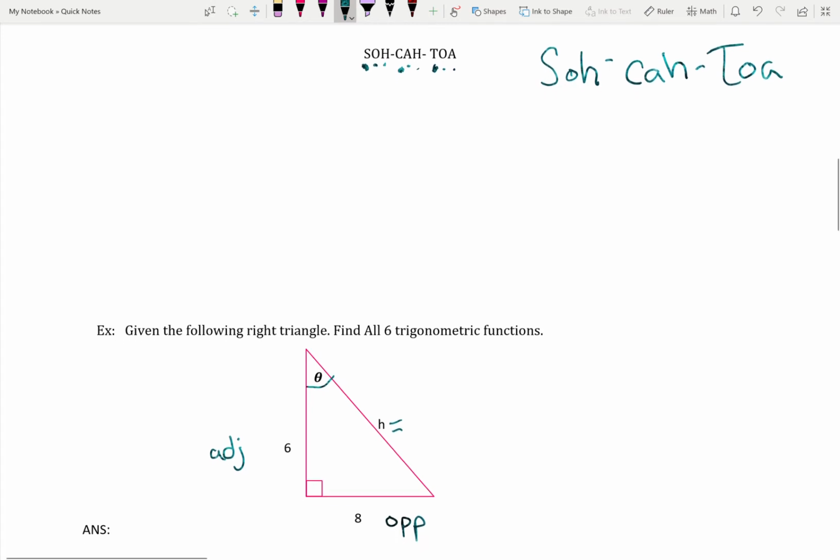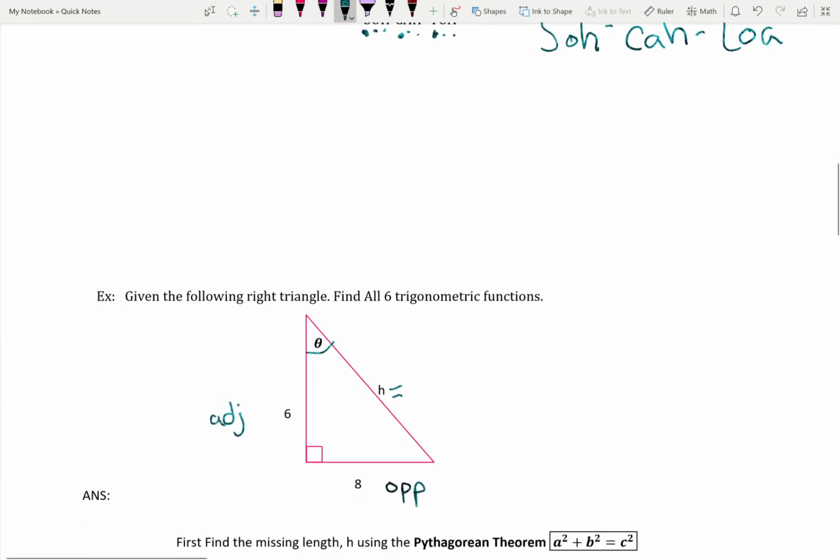Do you guys remember that? A squared plus b squared equals c squared. So we're going to use a squared plus b squared equals c squared to figure out what the length of h is. And remember, whenever you're using the Pythagorean theorem, c squared, this guy all by itself on the other side, is always the hypotenuse squared. C is the longest side of our right triangle.